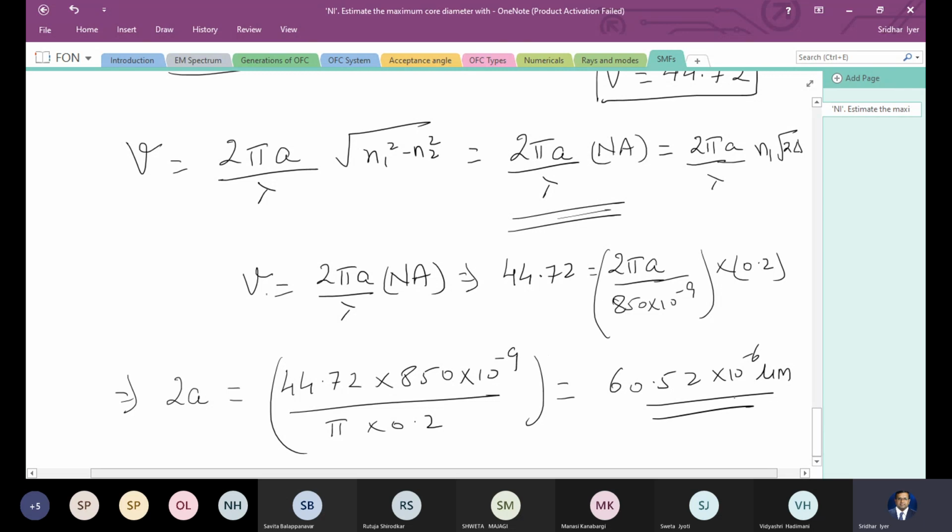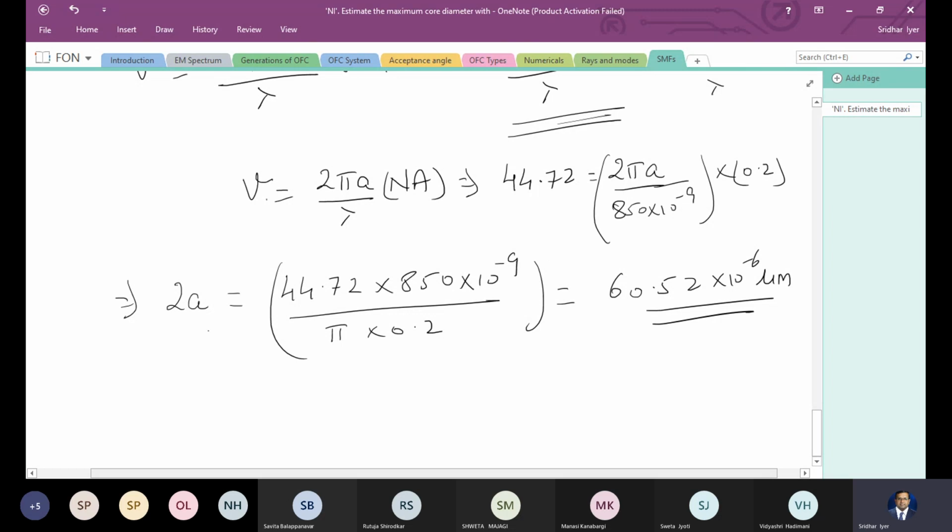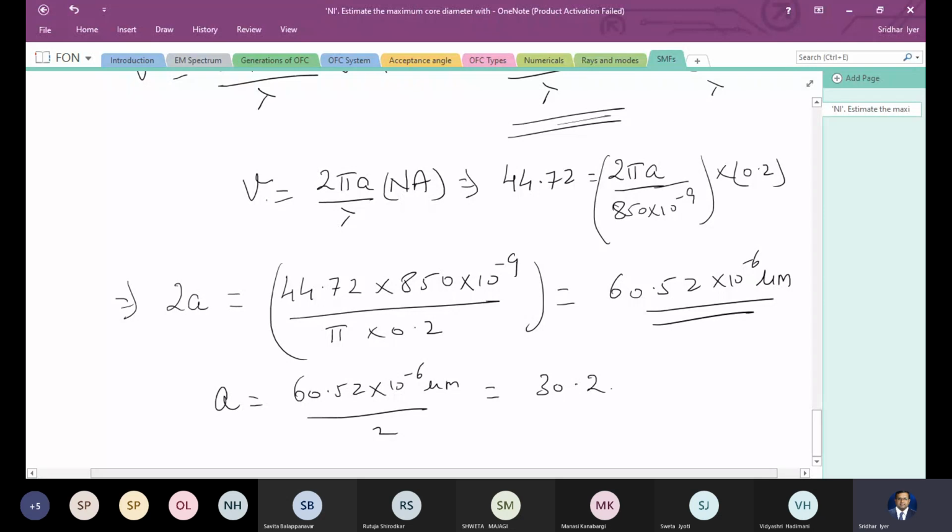It's a very, very small diameter. Okay. Therefore, if I want to find just the radius, a will be 60.52 into 10 raised to minus 6 micrometer divided by 2, and that value will be 30.26 into 10 raised to minus 6 micrometer.